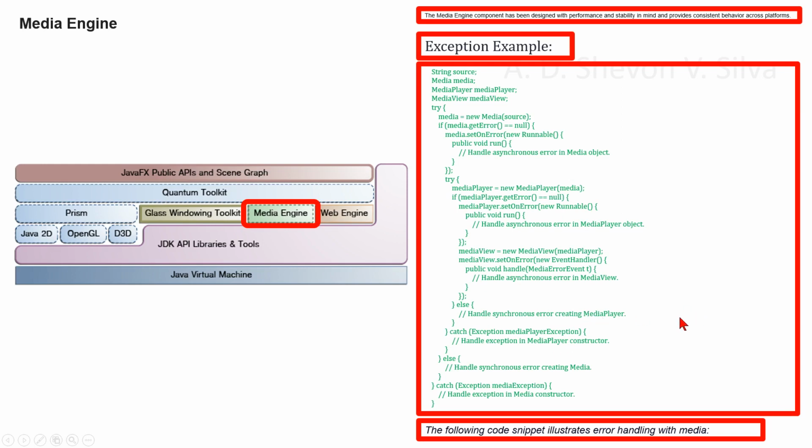The asynchronous error properties are media.error and media player.error, and the asynchronous error callbacks are media.onError and media player.onError and media view.onError.